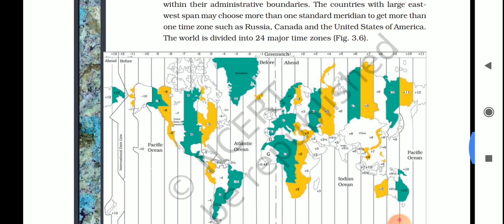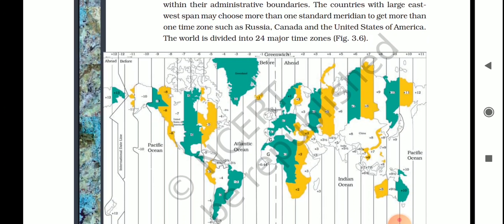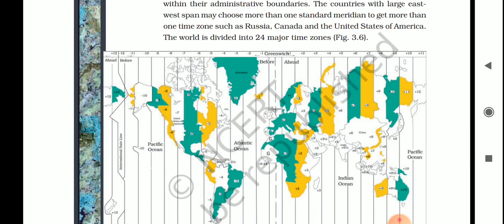The standard meridian of India is 82 degrees 30 minutes east, and the standard time is 5.5 hours ahead of Greenwich Mean Time. As India is located in the eastern hemisphere, where time is ahead, we can say 4 minutes every meridian.